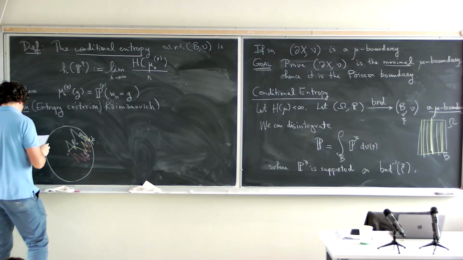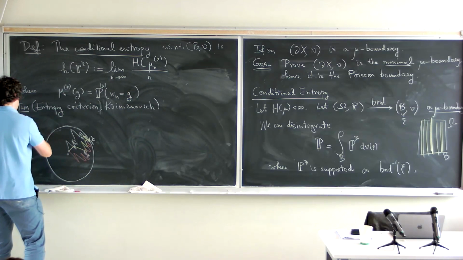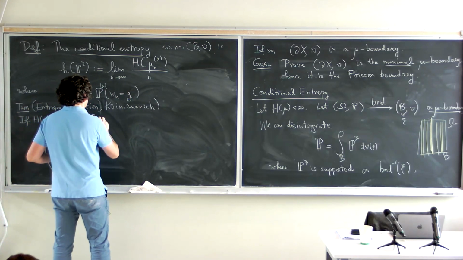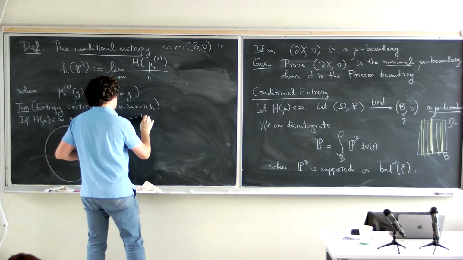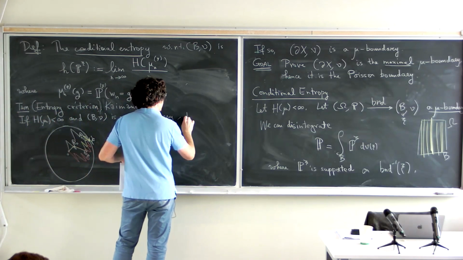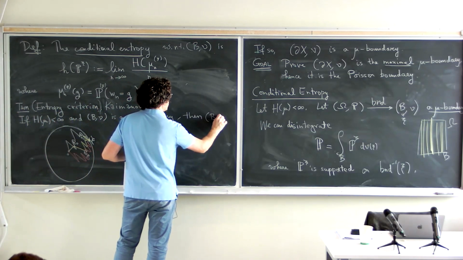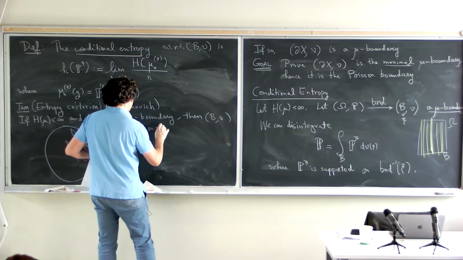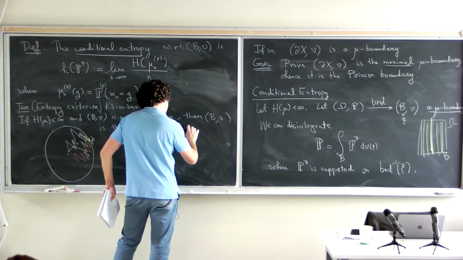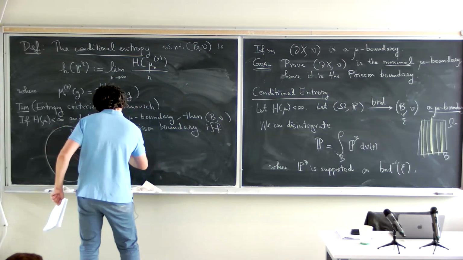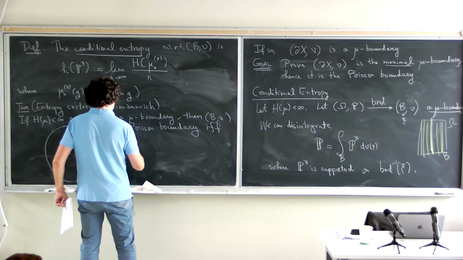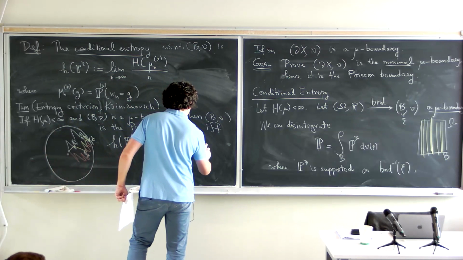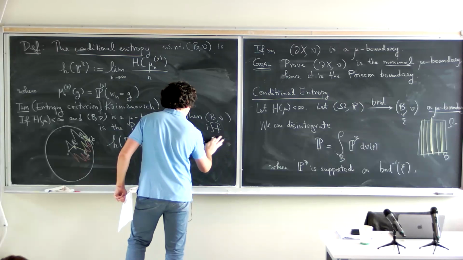It says that if h mu is finite, and (B, nu) is a mu boundary, then (B, nu) is the Poisson boundary if and only if this relative entropy, H of P psi, is 0 for nu almost every psi in B.